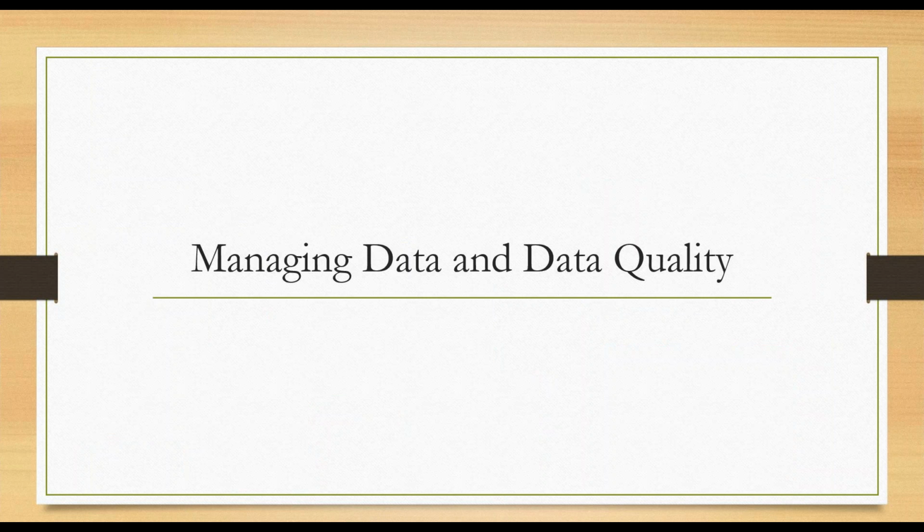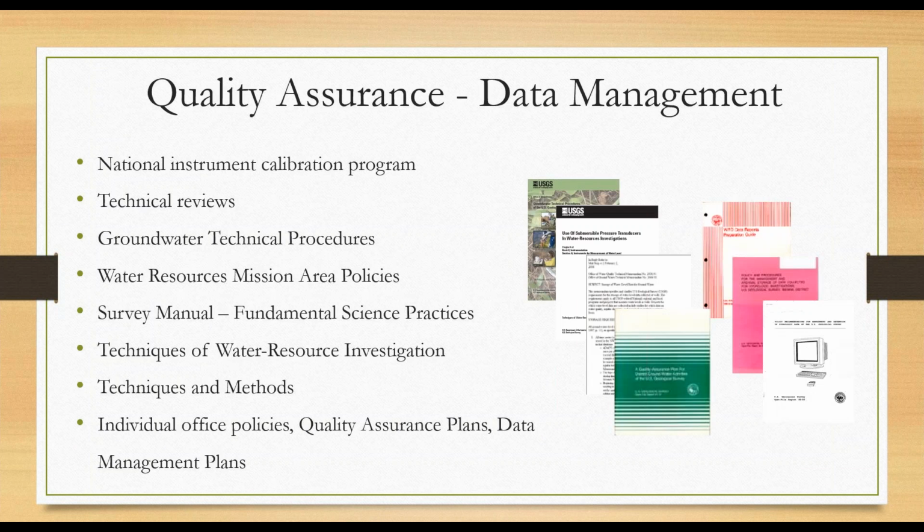So I'm going to talk a little bit about how we manage our data and our data quality. We have data quality documentation, policies, and procedures. We have a national instrumentation calibration program.